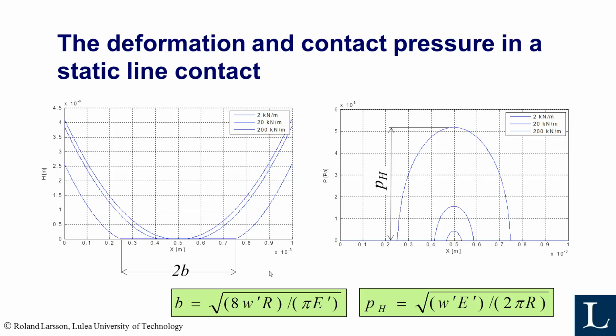The important thing here is to remember that a flat region or a contact region is formed, and that this contact region is growing when the load is growing, and that growth of the contact region actually reduces the maximum pressure, it makes it so that the pressure doesn't increase very much.